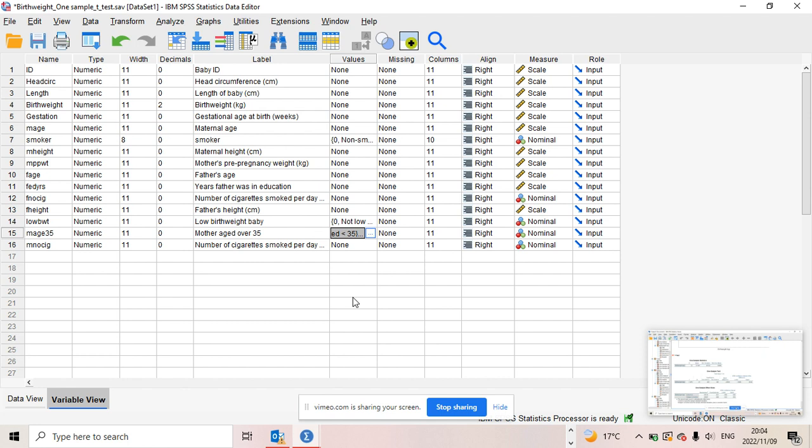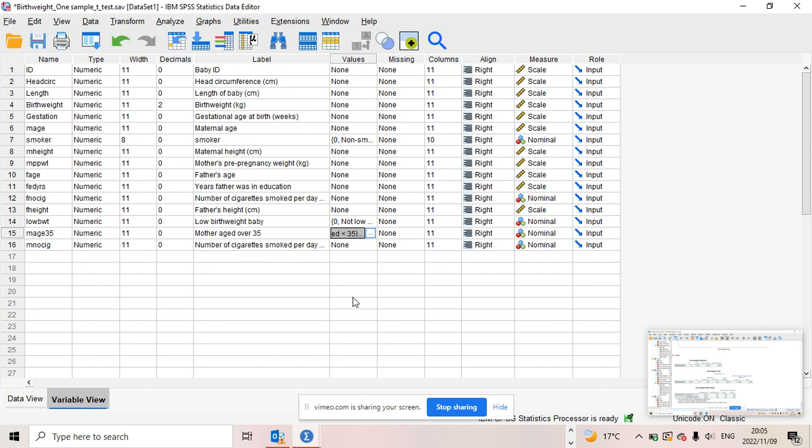So, what we need to do now is this. This data set consists of mothers that are smoking and mothers that are not smoking. We have no smoker and smokers, in short.